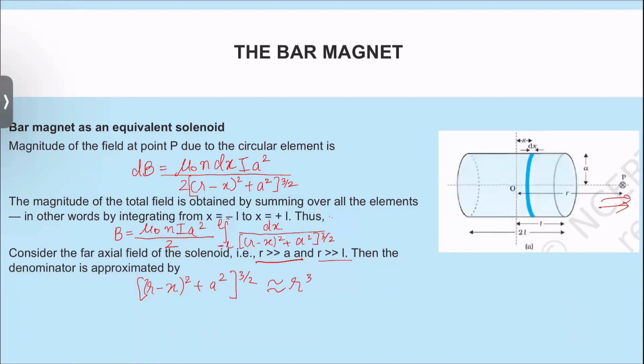And with that, your B is equal to mu 0 n I a square by r cube. Now you will only need to integrate with respect to dx.